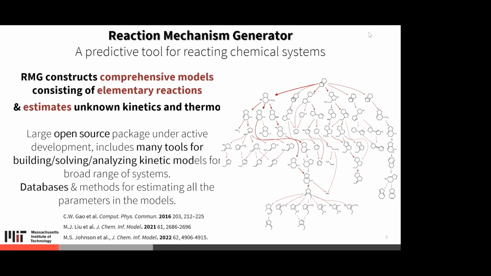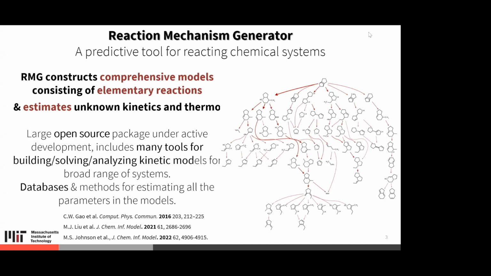But suppose you're interested in something else, suppose you're interested in reactions of tin, you could add all kinds of reactions of tin and details about tin, and then RMG would be able to do tin as well. Right now, it can't do tin, sorry. So if you're interested in tin, you have to add it yourself, but it's possible to add it.